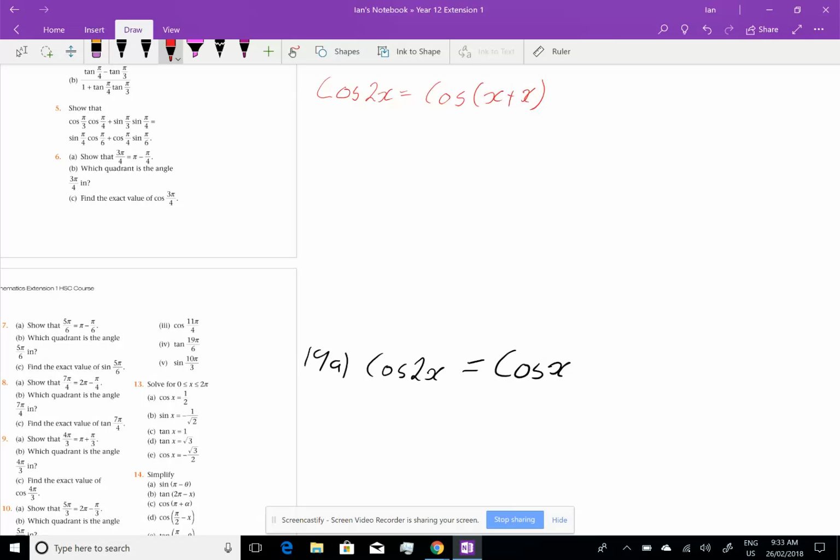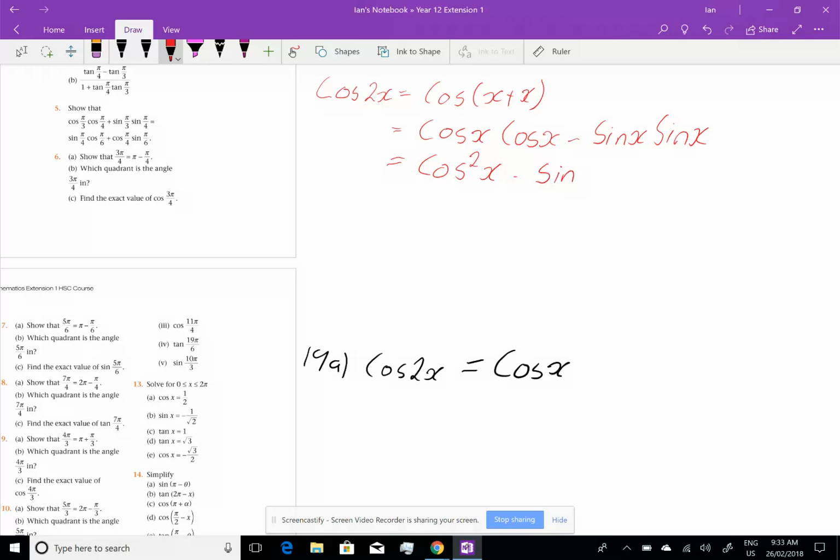Now you have this formula on your formula sheet on the back page: cos theta cos phi minus sine theta sine phi. Well, this becomes pretty easy now because I get cos squared x minus sine squared x.